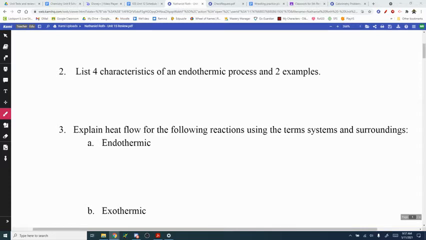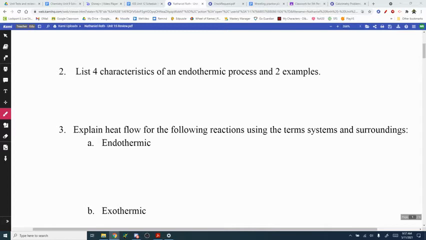The energy of the reactants is lower than the products. So, energy of reactants, there isn't very much energy. It needs to absorb energy in order to react. So, once it absorbs that energy, the products then have that energy, and the products then have more energy than the reactants. And then heat flows from surroundings to the system.